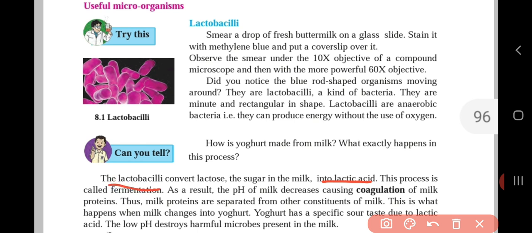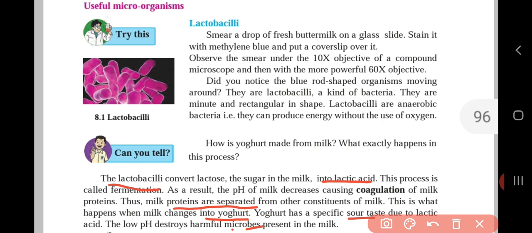Now when pH decreases, protein gets coagulated, and that milk protein gets separated from the constituent milk, and this is what happens when milk changes into yogurt. So this is how yogurt is formed, and yogurt, we know, has a sour taste. It is because of lactic acid, the low pH, that harmful microbes present in the milk are destroyed, and this is why yogurt is useful to us.